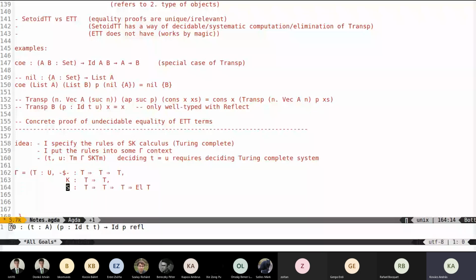So I have K and I have S, and I also have a K beta rule, which says that if I'm applying K, there is a missing argument here, I think. So K t u equals t, and similarly there is an S rule which says that S f g t is f t (g t).